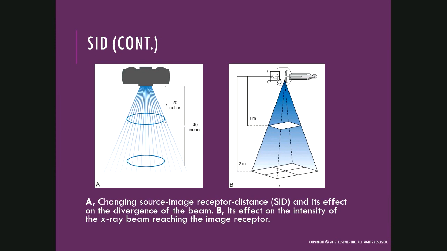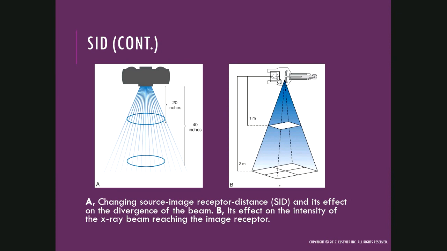I was just having a thought with that divergence of the beam. A quick note, kind of foreshadowing what we'll be talking about in chapters 8 and 9. When you change your SID, this changes the quantity of X-rays that are going to reach your image receptor, but it does not change the quality.